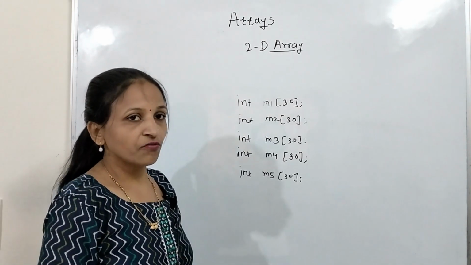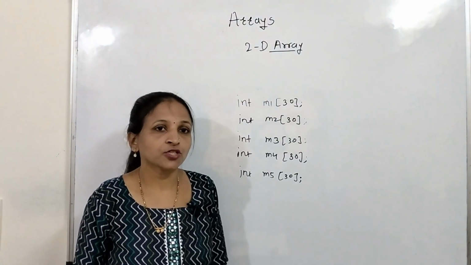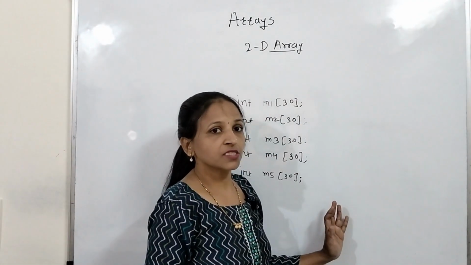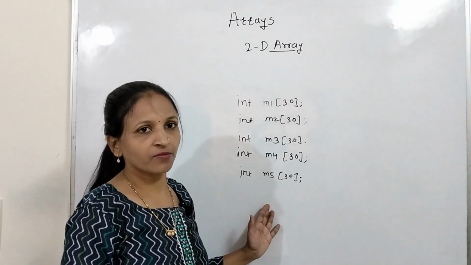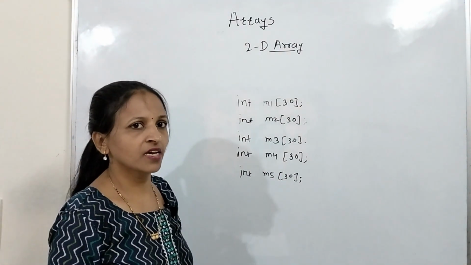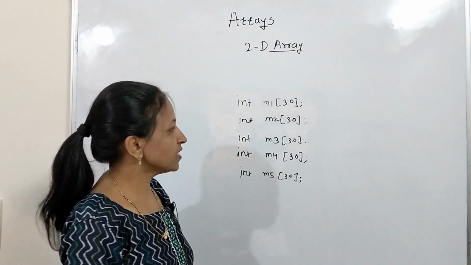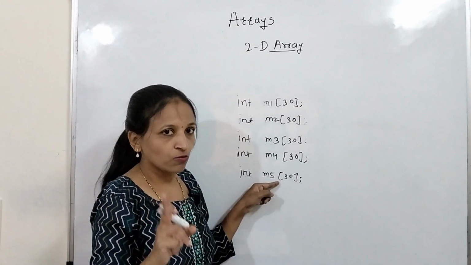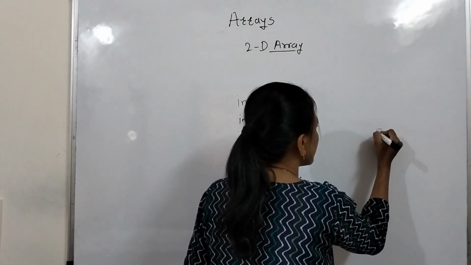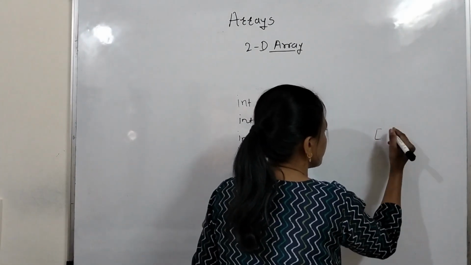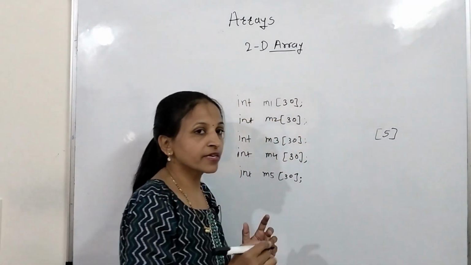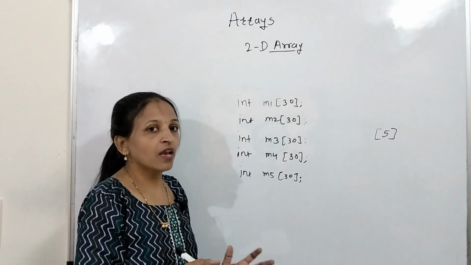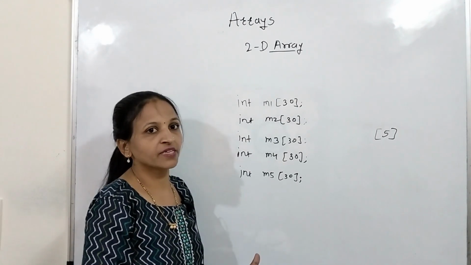Now see, here we know that array is what? Array is a collection of similar kind of data elements. Means instead of declaring these 5 different variables, again we can create one array. Now how to do that? See, here we have to create an array of 5 elements, and for that we will write 5 in square brackets, because I want to create an array of 5 elements, and each individual element will have internally 30 elements in it.